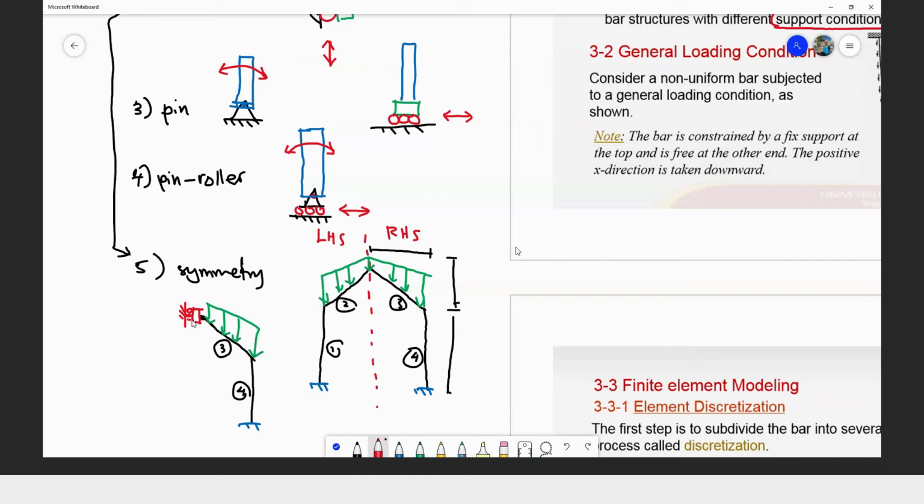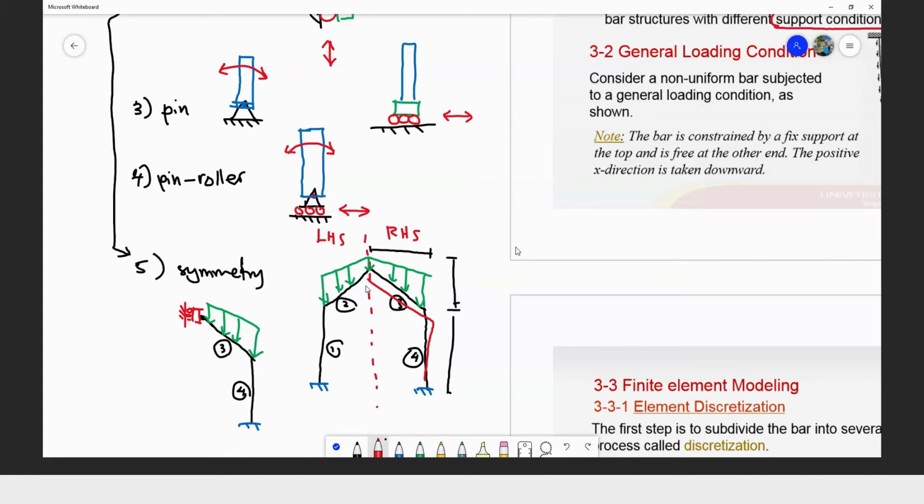That means bila fixed roller ni, kalau kita tengok kat sini apa yang berlaku under this load, potentially the roof mungkin dia akan deform macam gitulah. Mungkin dia akan deform macam gitu kan.